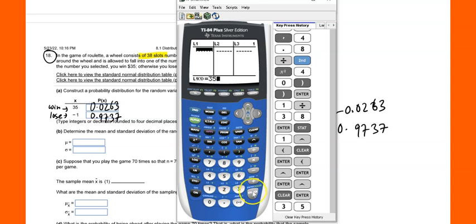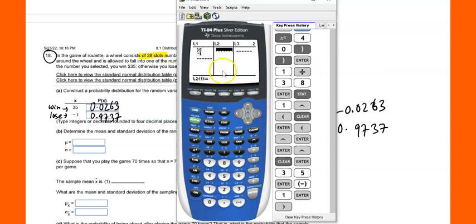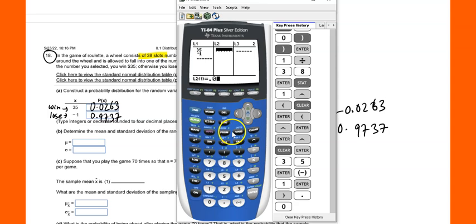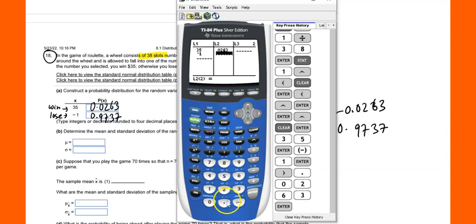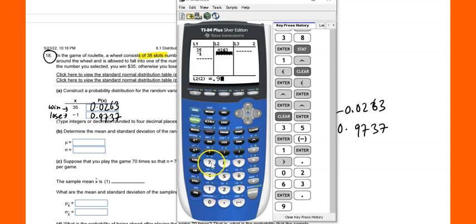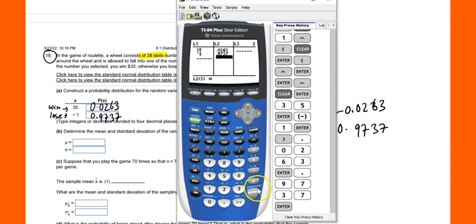Now I put the data: 35, -1 here. Okay, first column L1, and in L2 you put the probabilities: 0.0263, next row 0.9737. Enter. Now, again, this is from chapter 6.